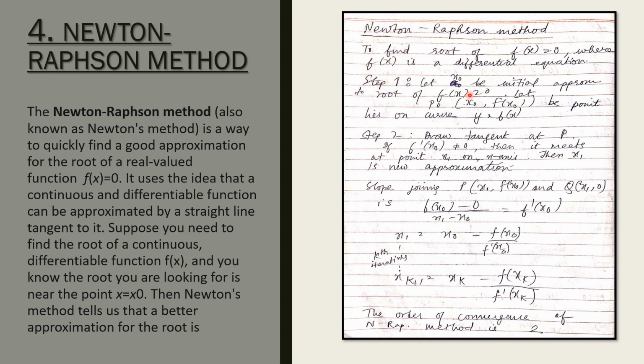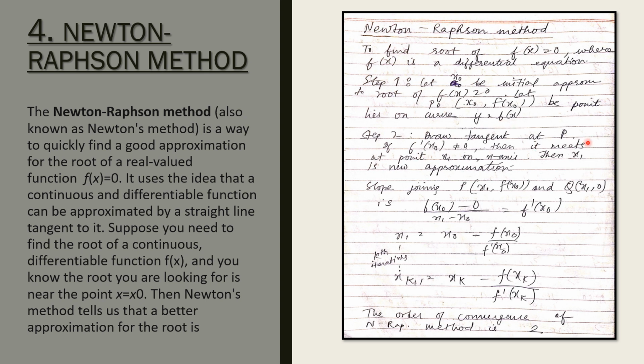Step 1 is let x naught be the initial approximation to the root of f(x). There can be any initial approximation given in the question, or you can take it as per your requirement. So take one initial approximation and then calculate a point P, which is the initial point x naught comma f of x naught. This is the point which lies on the curve y equals f(x).